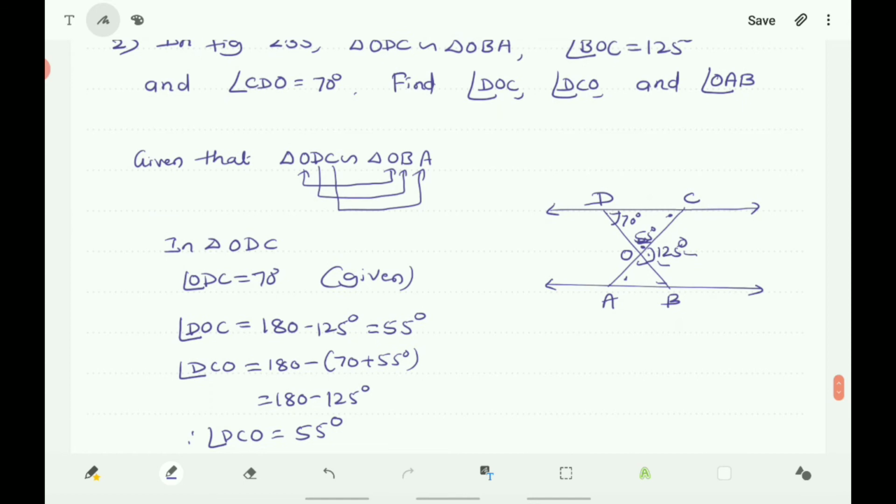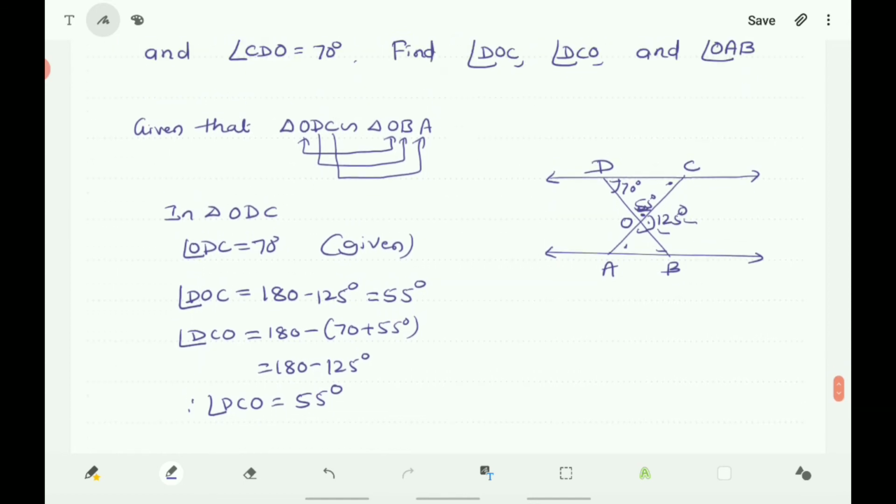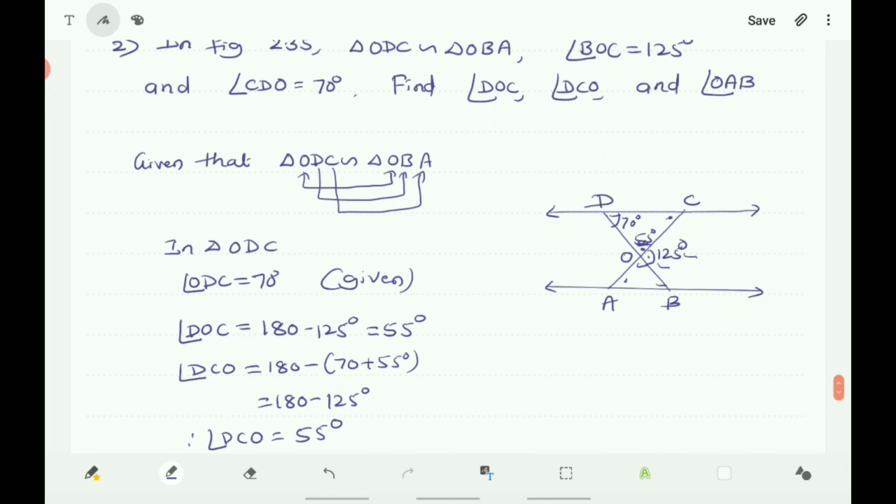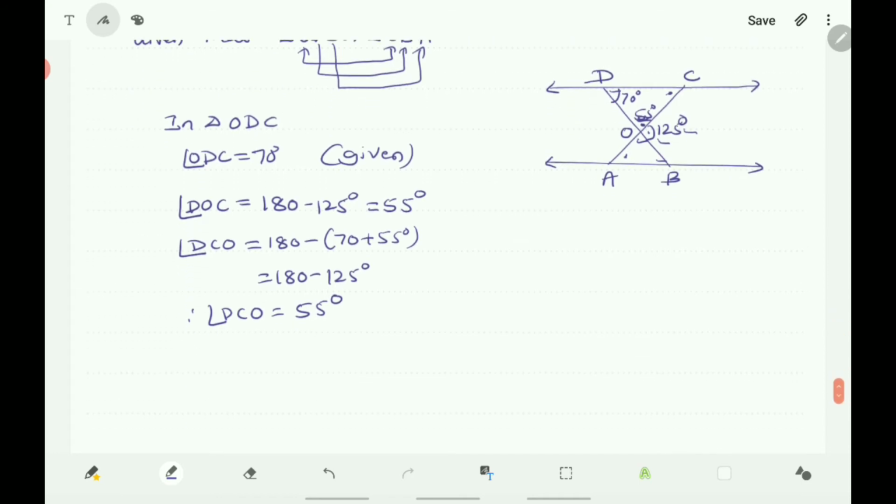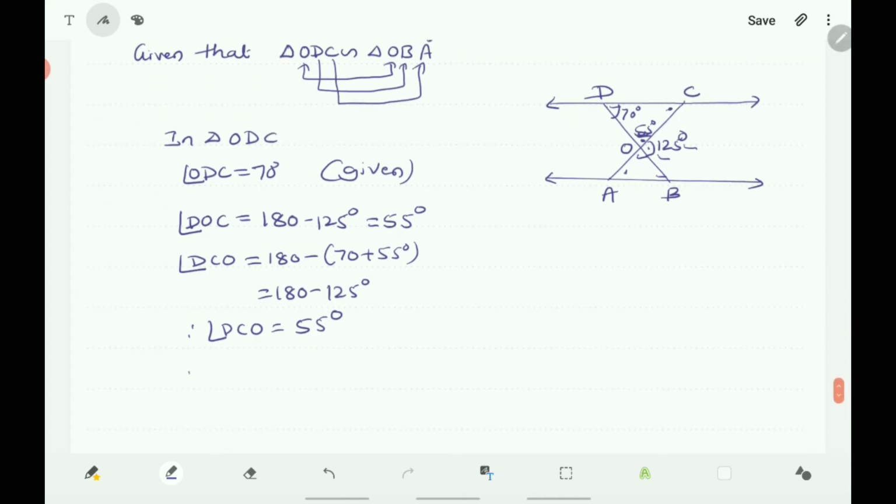Next one, angle OAB. Here you know that angle A, that is angle OAB, is equals to angle C. C and A are equal here. C angle means here angle DCO, because you know that the corresponding angles of similar triangles are equal.